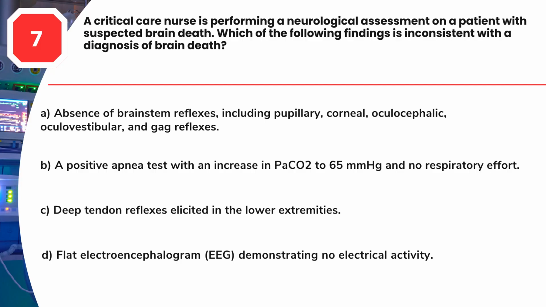B. A positive apnea test with an increase in PaCO2 to 65 mm of mercury and no respiratory effort. C. Deep tendon reflexes elicited in the lower extremities. D. Flat electroencephalogram, EEG, demonstrating no electrical activity.